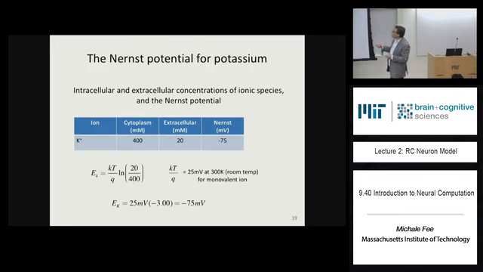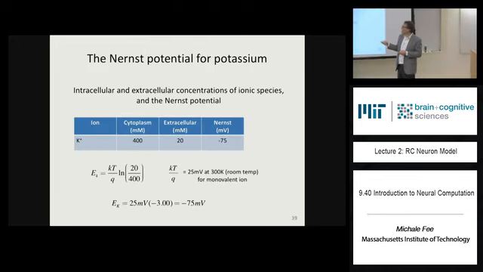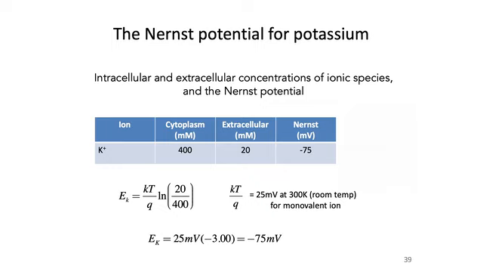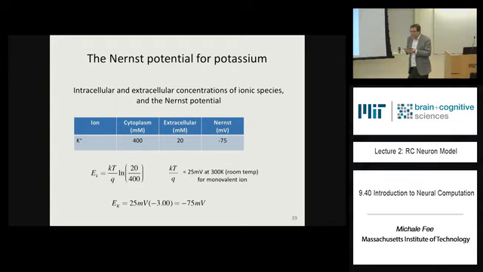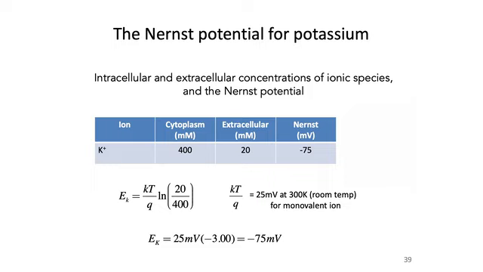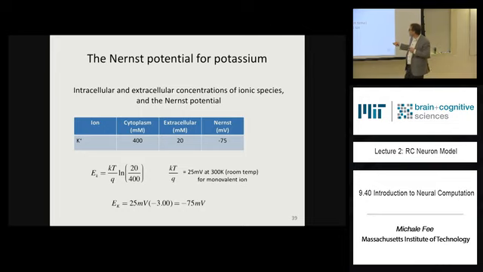Okay, so let's take a look at potassium concentrations in a real cell. This is actually from squid giant axon. 400 millimolar inside, 20 millimolar outside, so there's a lot of potassium inside of a cell, not very much outside. Plug those into our equation. kT over Q is 25 millivolts at room temperature.